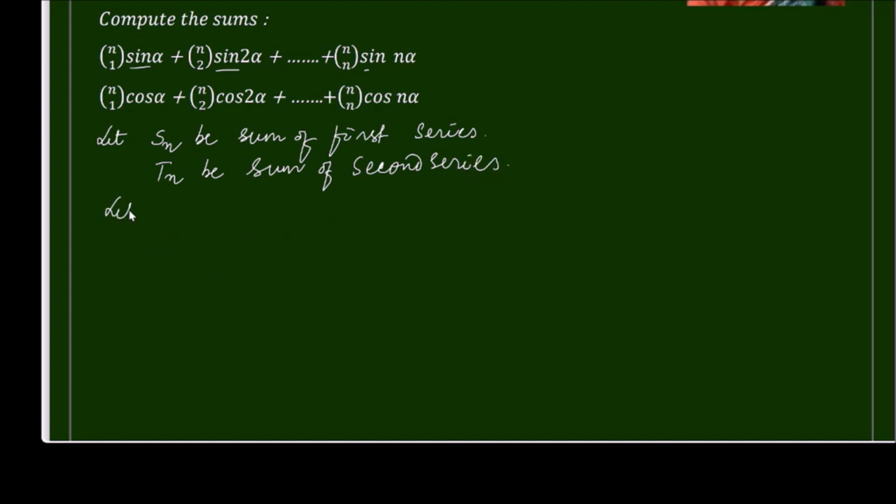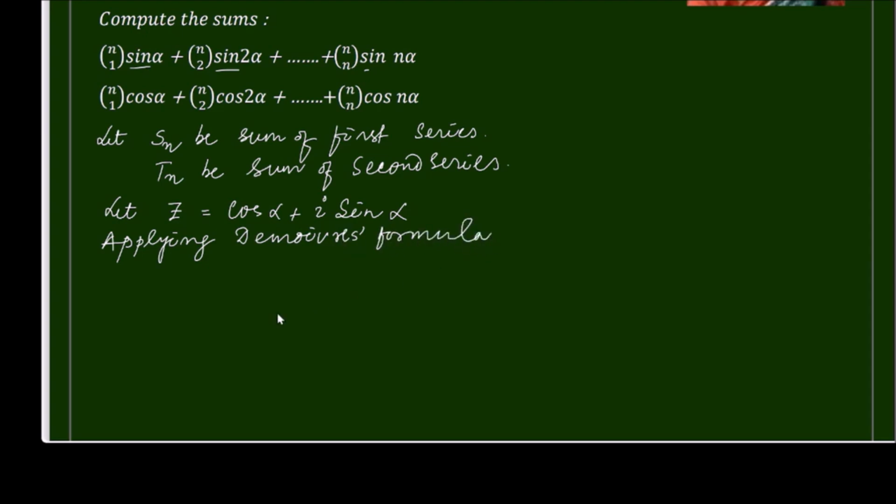Now let us take Z is a complex number which is cos alpha plus i sin alpha, and applying De Moivre's theorem formula, we know that Z power n equals cos n times alpha plus i sin n times alpha.